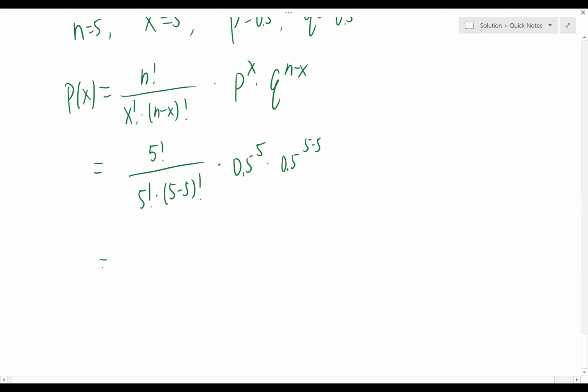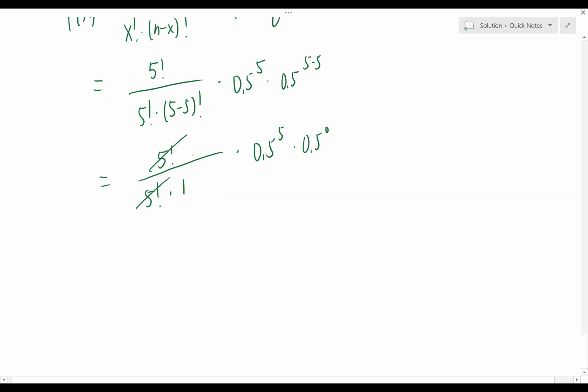And to simplify, on top is 5 factorial over 5 factorial. 0 factorial is 1, and it's 0.5 to the 5 times 0.5 to the 0. Any number raised to 0 power is 1. And 5 factorial cancels 5 factorial. So the first part of the result is 1 times 0.5 to the 5th times 1. And 0.5 to the 5th is exactly 0.03125.